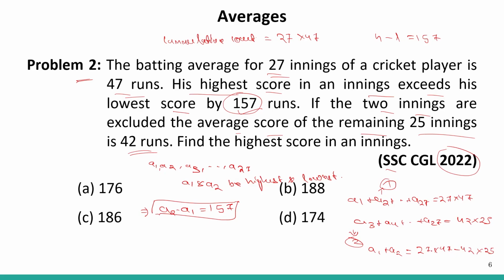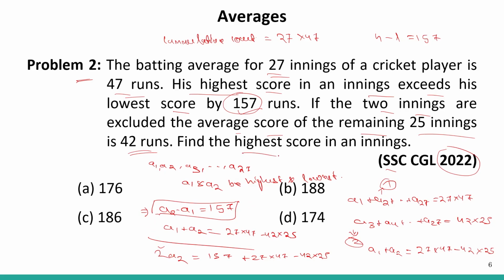So by adding these two, by cancelling A1, 2A2 is equal to 157 plus 27 into 47 minus 42 into 25. So we can evaluate A2 here and A1 here.